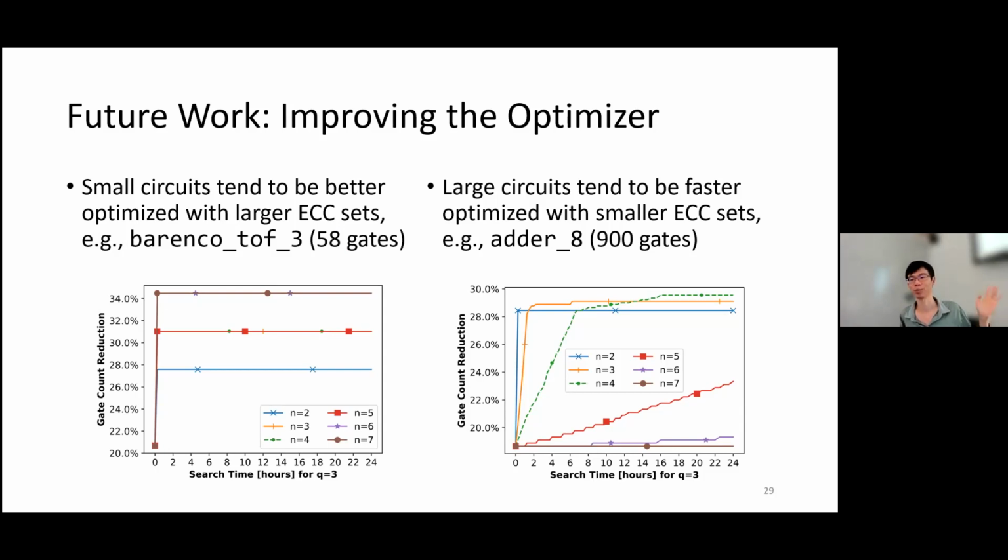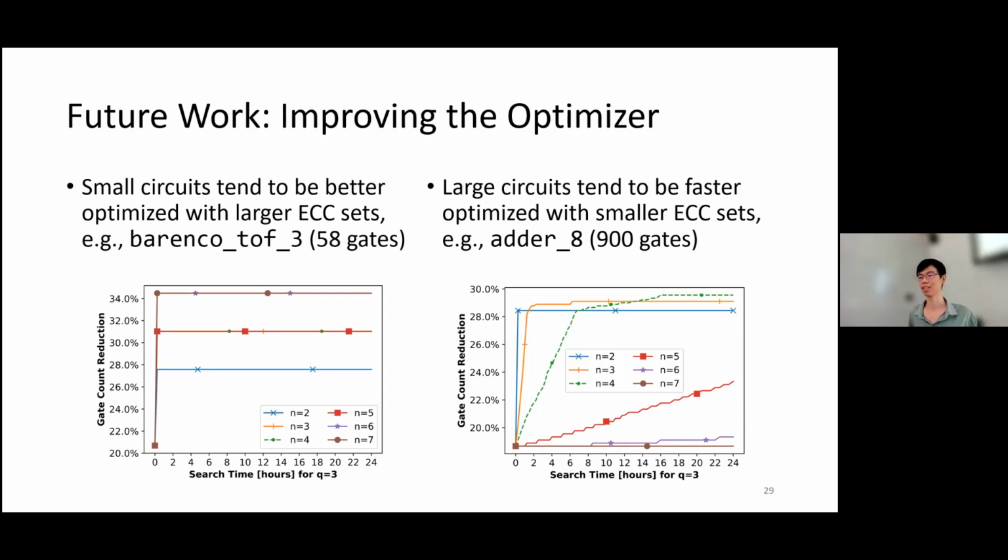If you use a small EC set, you can never go as good as n equals 6 or 7. But on the right, this circuit has 900 gates, and you can see that it's best to use n equals 2 or something, because if you use a larger EC set, you can only do a few iterations even after 24 hours.